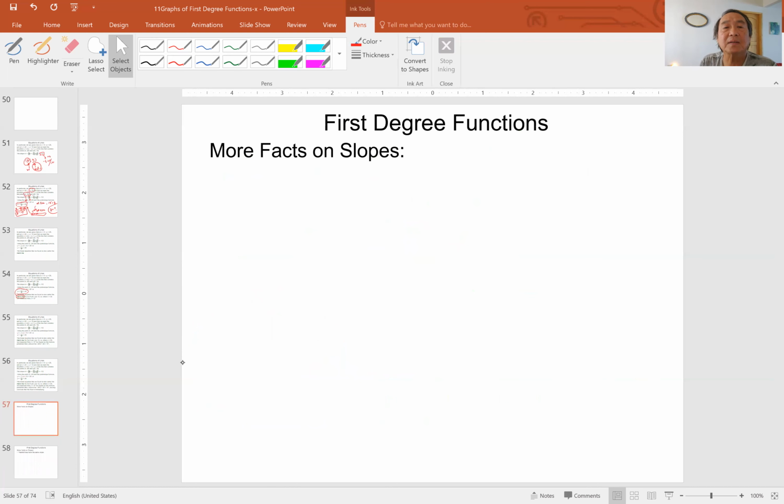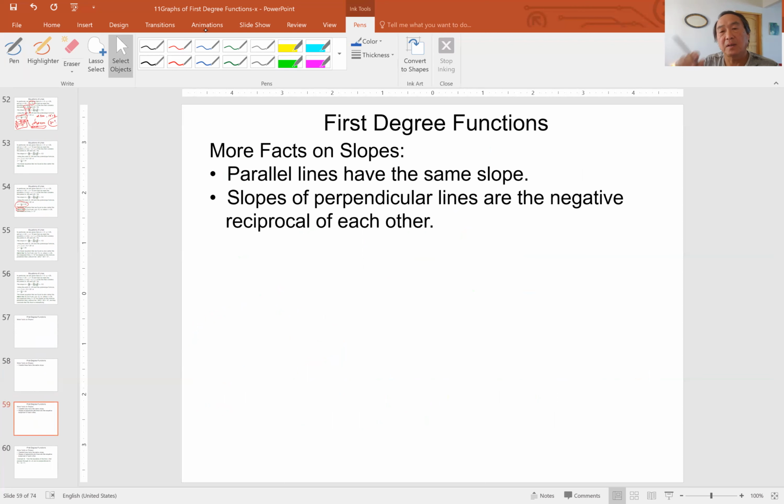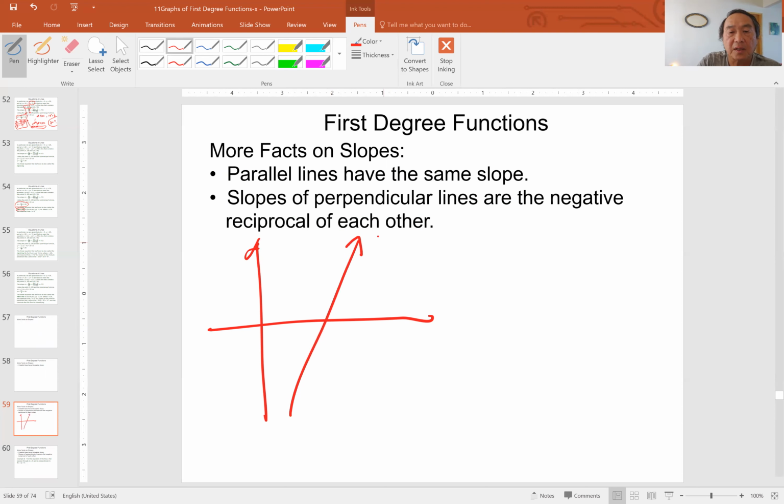More facts about slope. Parallel lines have the same slopes. Perpendicular lines have negative reciprocal slopes. So for example, I have a line, let's say the slope of this line is 2/3.